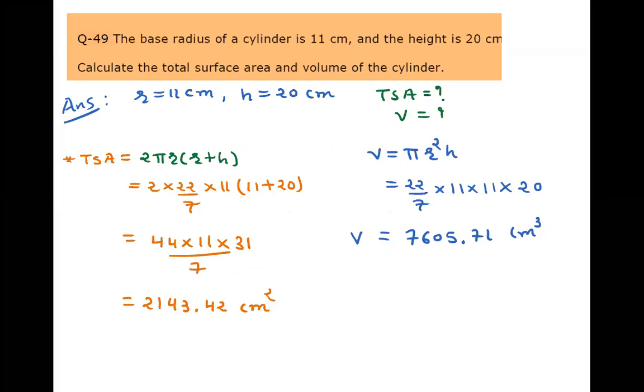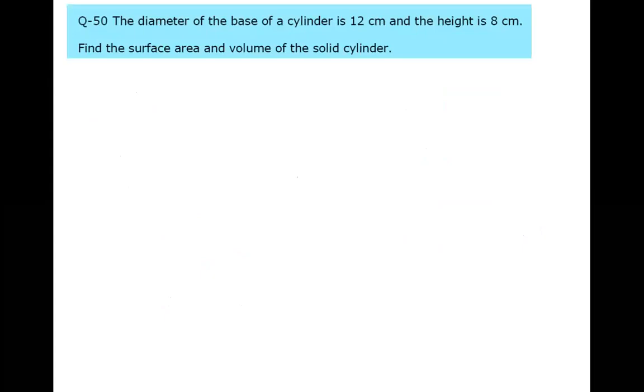Now the next question which is on screen. Look here, the second question, it's very easy. But here the radius is not given. You have a diameter. So does anyone know about the relation between the radius and diameter?